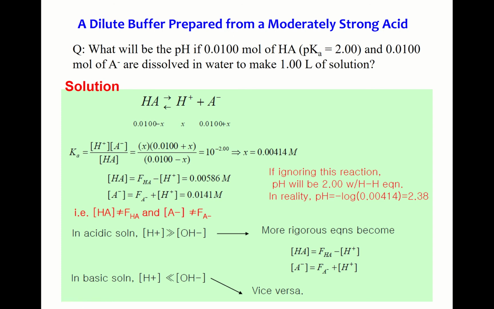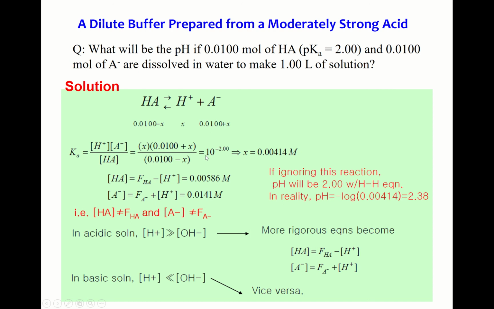So in this case, the equilibrium concentration is not equal to the formal concentration. In acid solution, this approximation is all right: the proton concentration is much higher than the hydroxide concentration, and HA can be written this way. In basic solution, the hydroxide concentration is much higher than the proton concentration, and in this case we can write this equation.